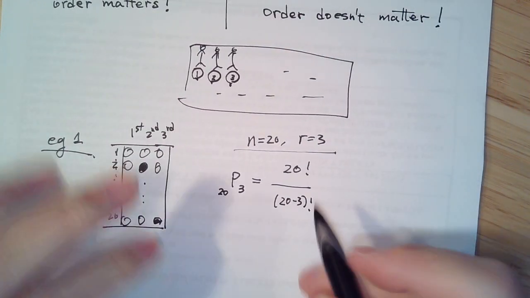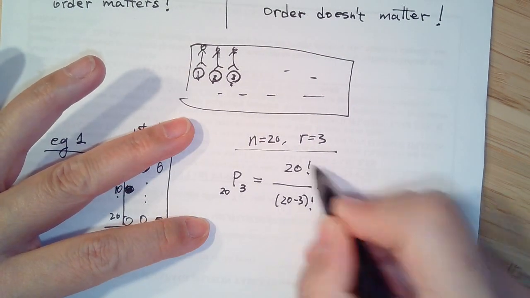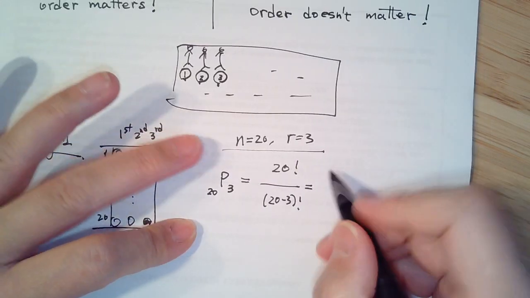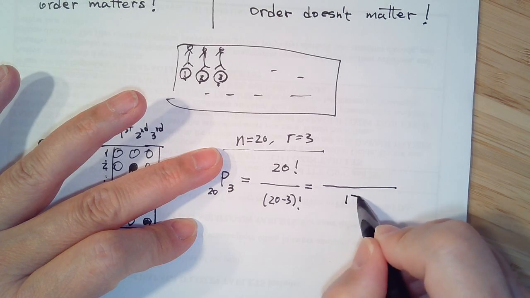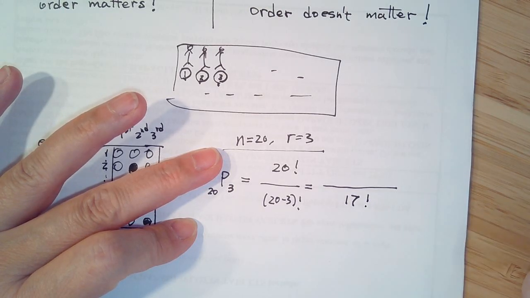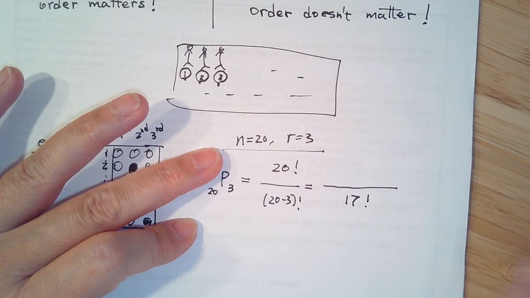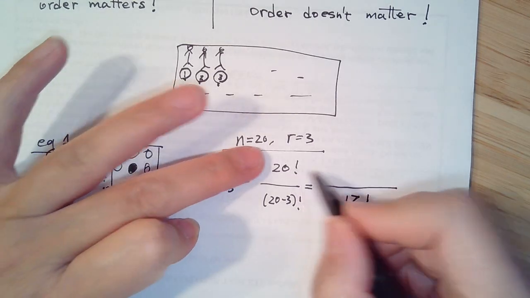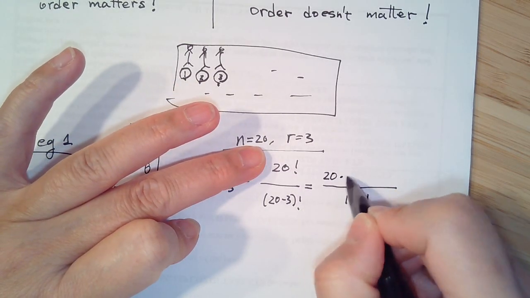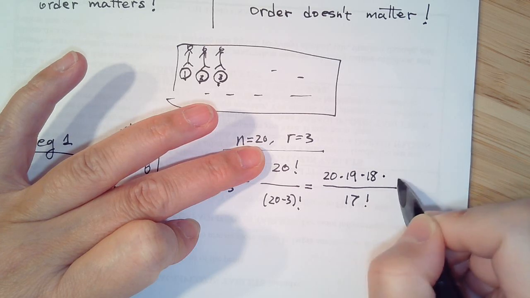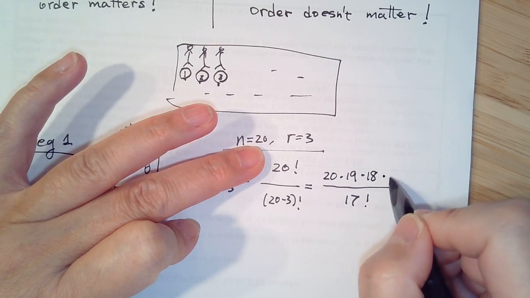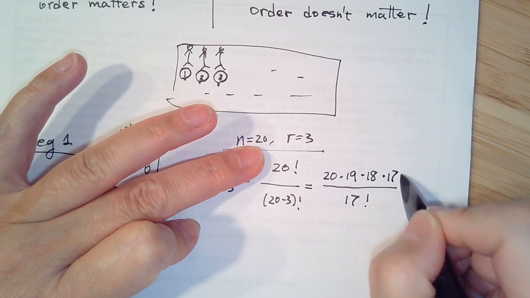We have to find it. You cannot just give that to me like this as your answer. So you know what I do? I write the denominator first. Because 20 minus 3 is 17, I write 17 factorial. And in the numerator, I write 20 times 19 times 18, and when I reach 17, all the way from 17 and below, I don't need to write that.